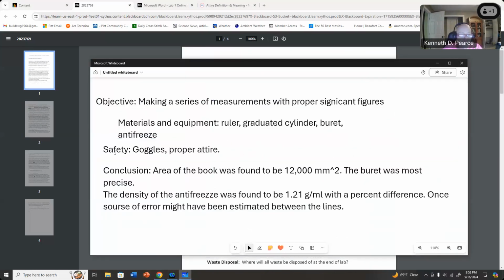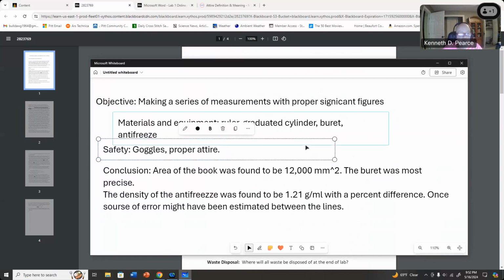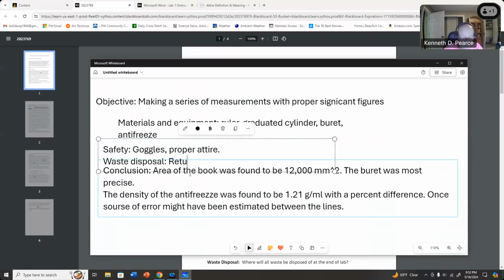And that would go somewhere between safety and the conclusion. So we'll say waste disposal. Now, granted, you're not doing any actual waste because it's a paper lab, and so we return the antifreeze to its container.